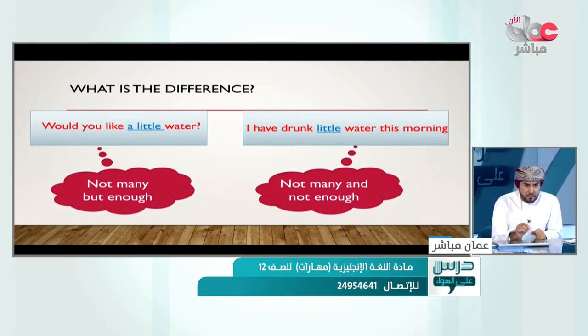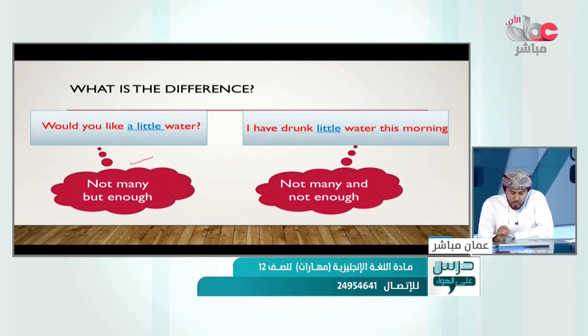He's asking, yeah, we don't have much water, but it's enough for you to drink. If you want to drink, you are more than welcome. So it is not that much, but it's enough for you to drink. So positive meaning. It gives you the positive connotation here.